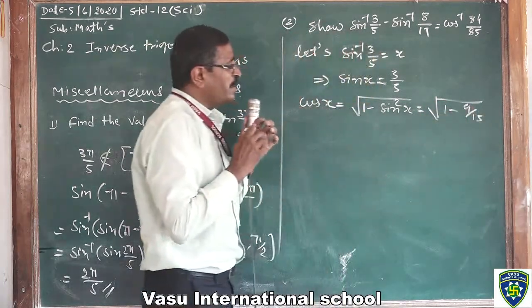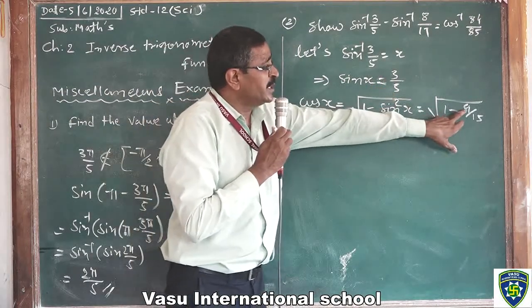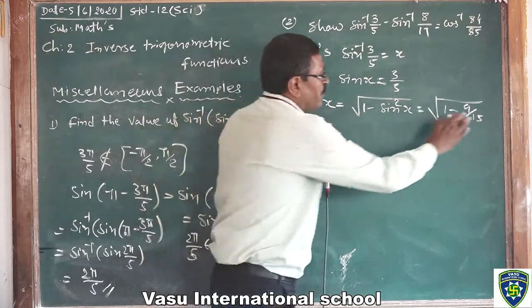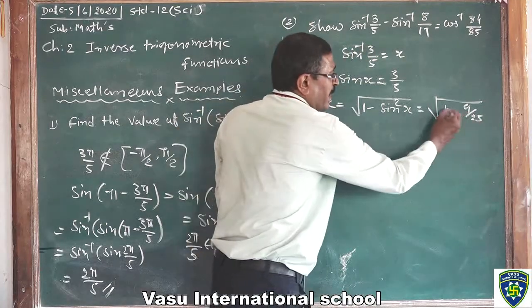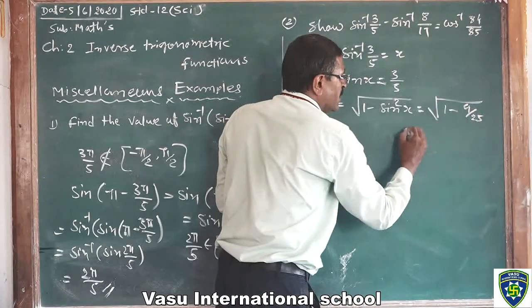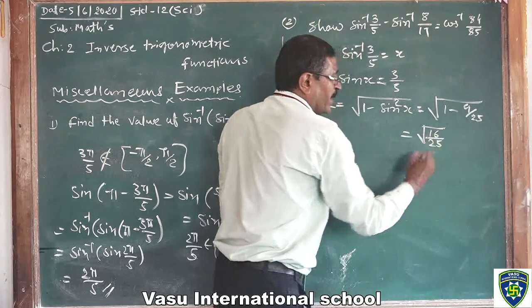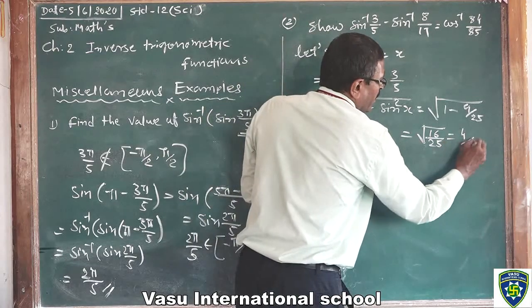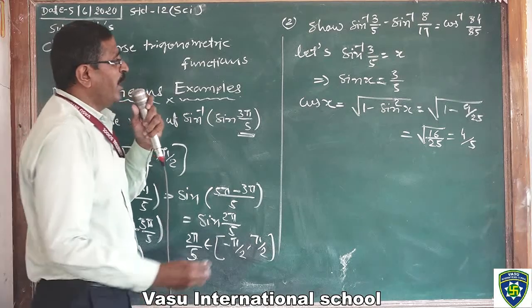We put the value of sine x, 3 by 5, squared is 9 by 25. Take LCM, 25 minus 9 gives square root of 16 by 25, which is 4 by 5. The value of cos x is 4 by 5.